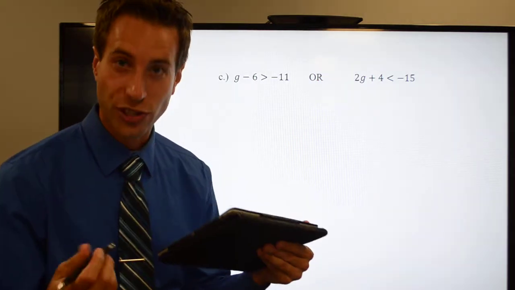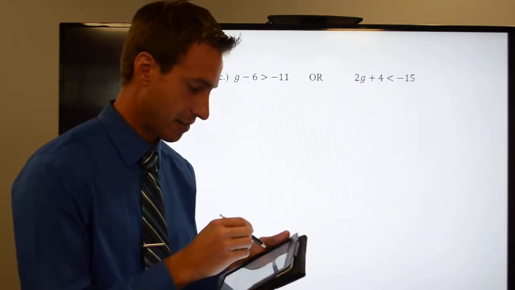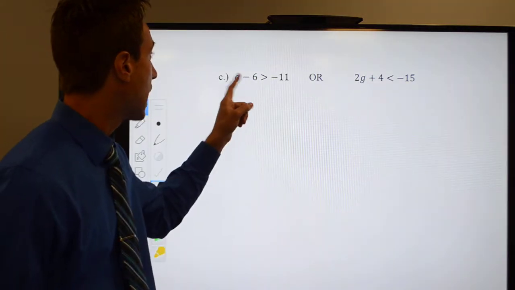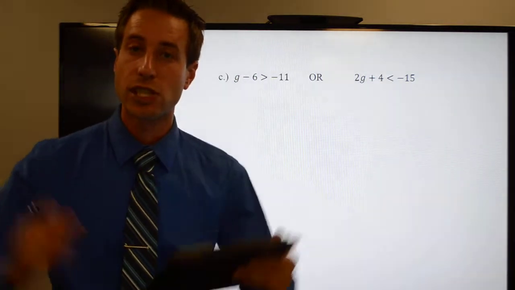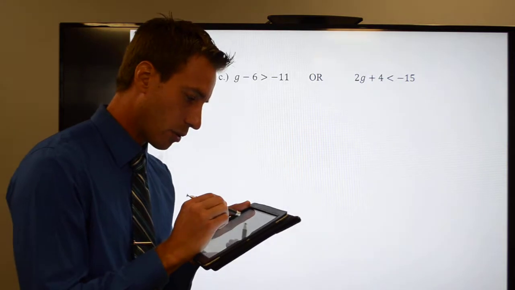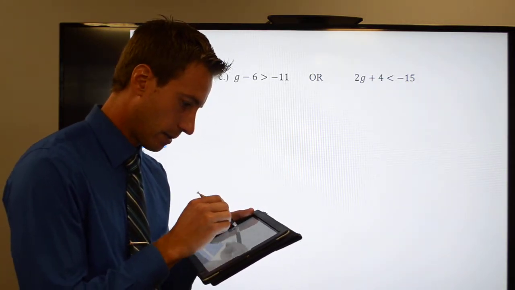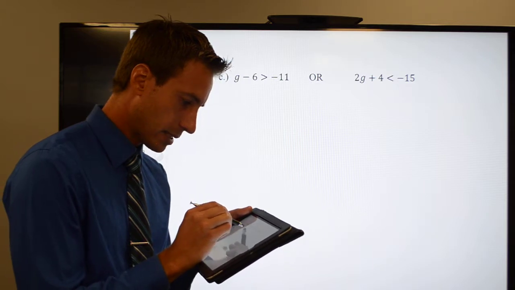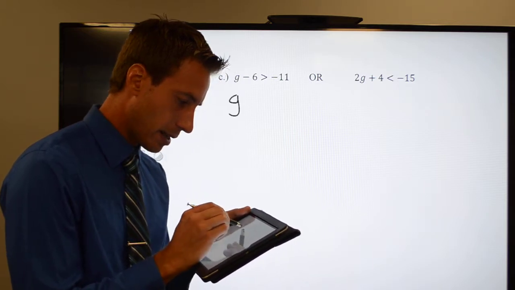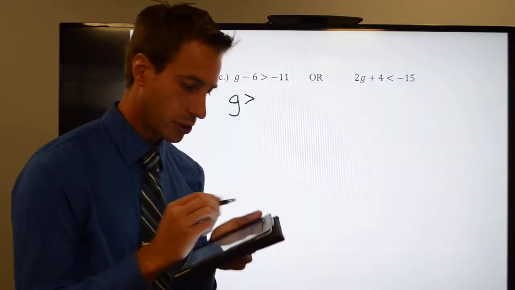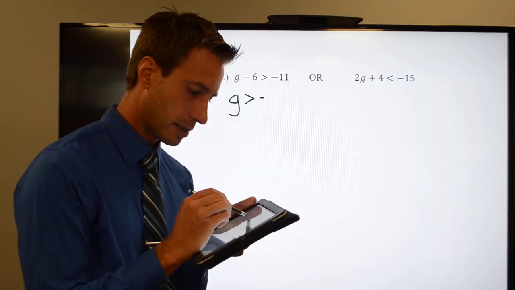This time, watch out for if you multiply or divide by a negative number. Don't forget that. All right, so what we're going to do is solve for g. I am subtracting 6 from g, so I'll need to add 6 to both sides, which means g is going to be greater than -11 plus 6, which leaves me with -5.